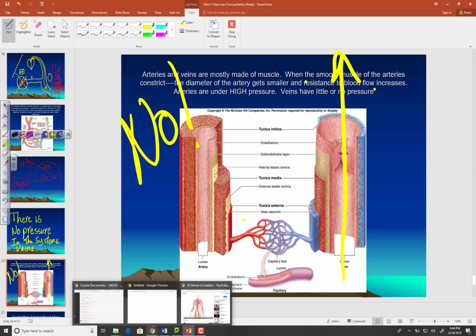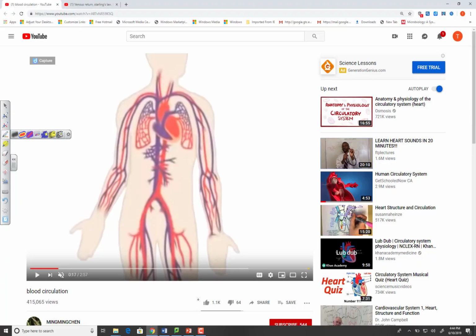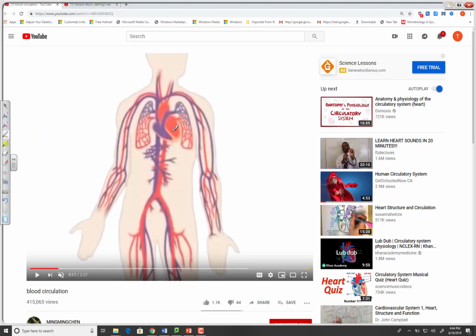We know how the systemic arterial blood gets down there. It gets down there by the pressure generated by the left side of the heart. But I told you, when it gets down to the capillary level, there's very little pressure, and when gases are exchanged, in the veins there's no pressure. So how does that venous blood get back to your heart if there's no pressure in the veins?